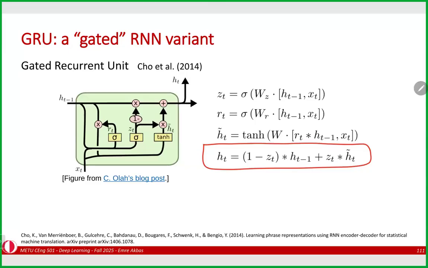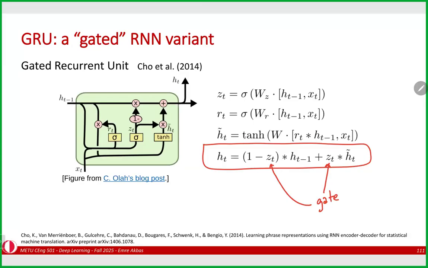Here in this equation, we have a gate. This is called a gate. And look at how it's used. There are two terms, h_{t-1} and h tilde. They are combined with z_t and 1 minus z_t.